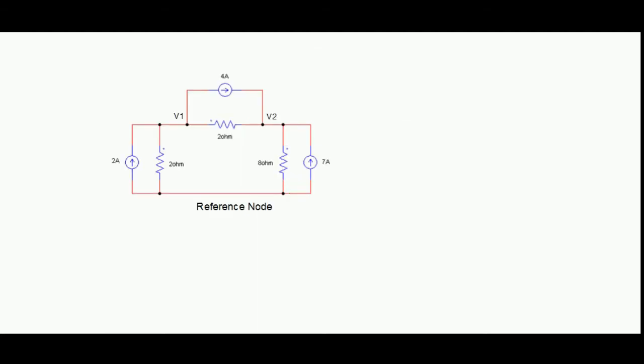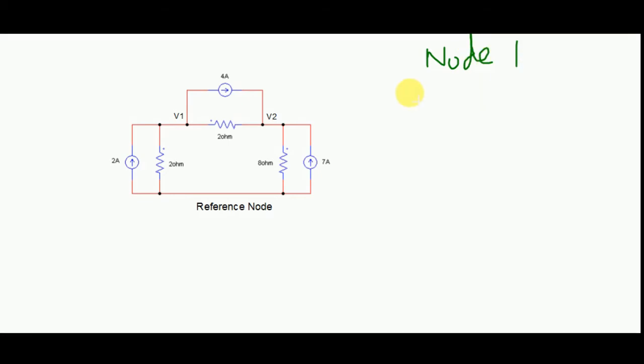Now coming to the fourth step. In the fourth step, we have to find the equations of node 1 and node 2. For node 1, we have to write the currents of each branch that is leaving or entering that node.